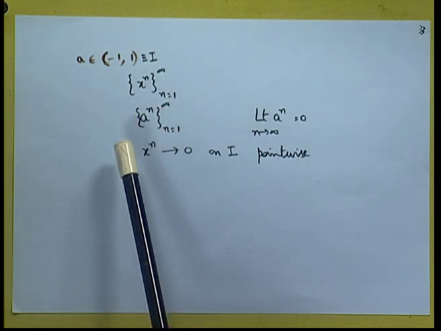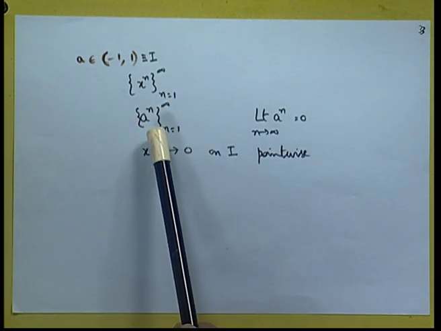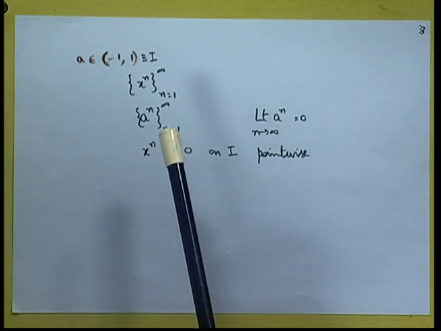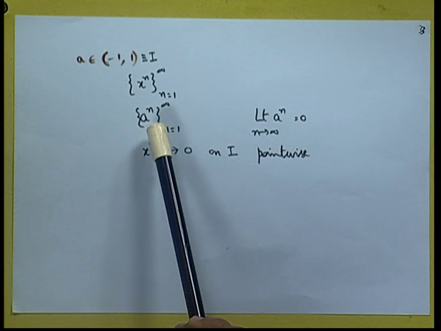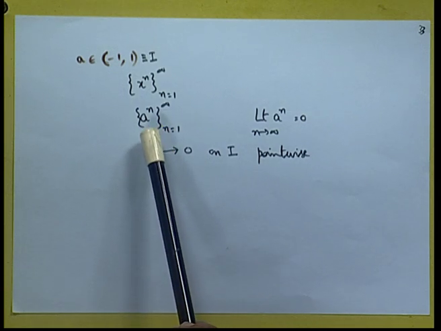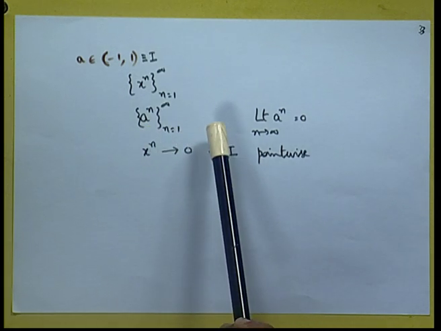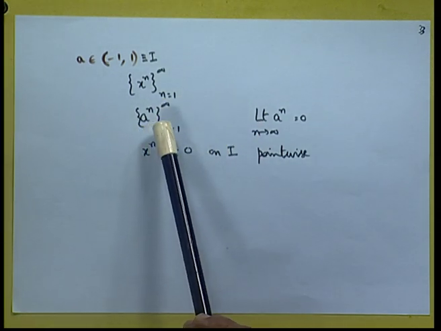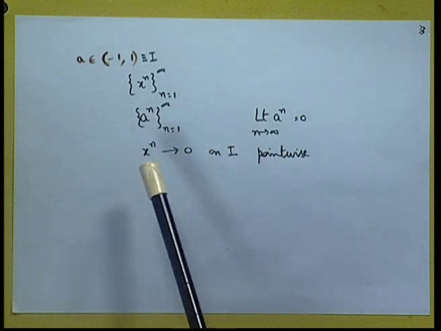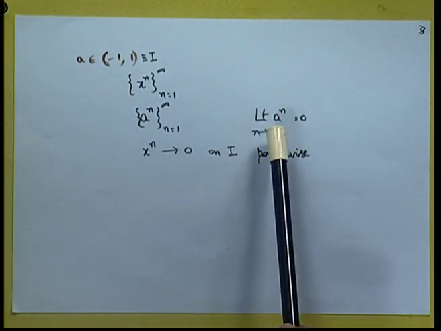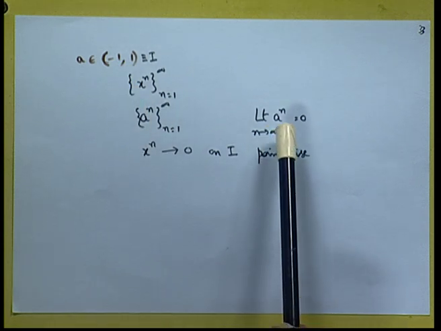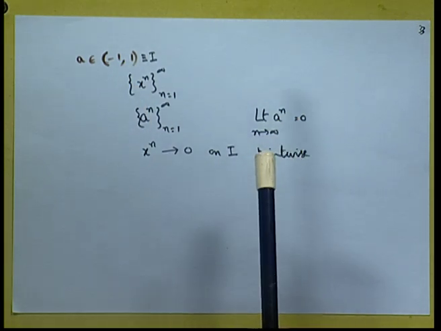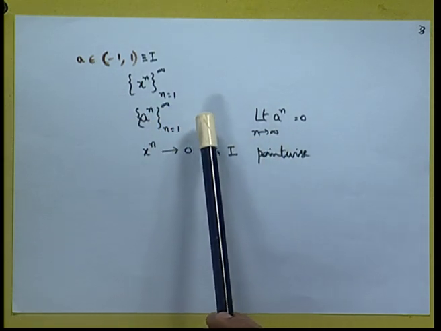This is a geometric sequence. If I take n from 0 to infinity, I get 1, a, a square, a cube and so on, a power n and so on. So, that is a geometric sequence. Whenever a is non-zero, it is well defined. And we know that because mod of a is less than 1, limit a power n as n goes to infinity is 0, and this means the sequence converges to the value 0.